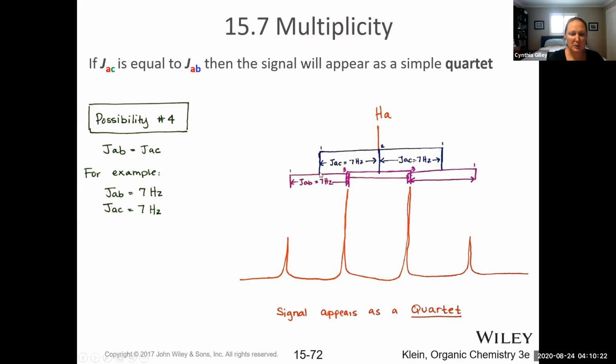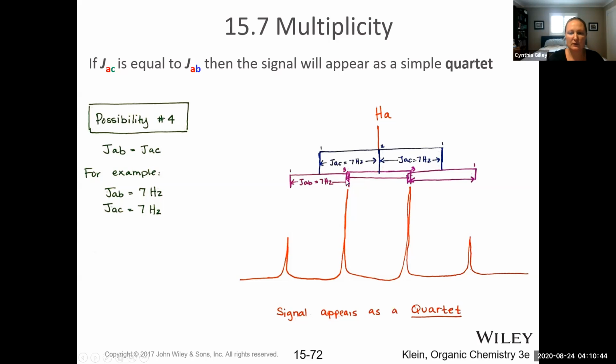And then split each one of those into a doublet. This would be JAC equals 7 hertz. Because this is 7 hertz, it's split into 3.5 and 3.5 this way, and 3.5 and exactly 3.5.